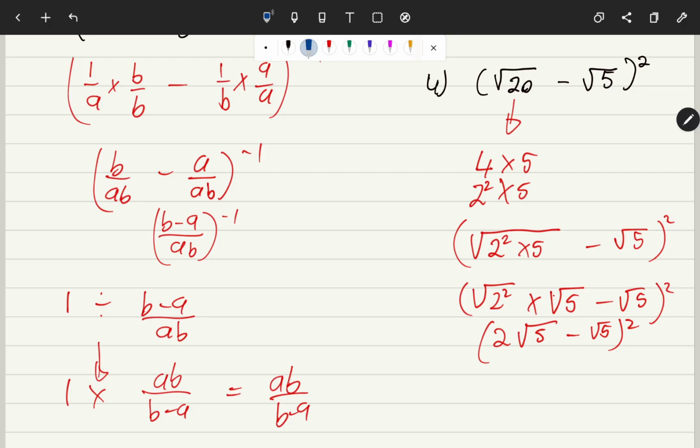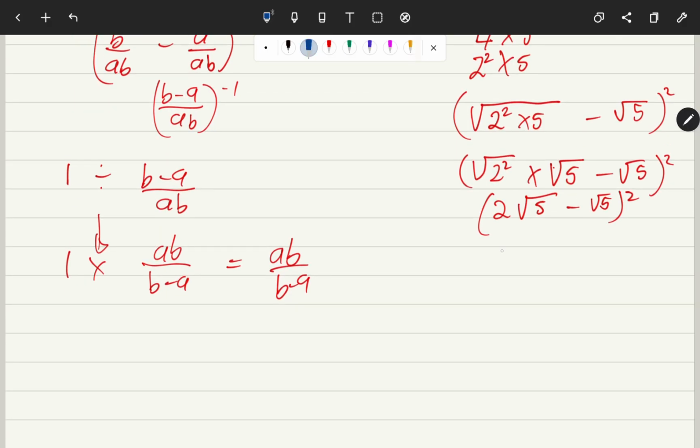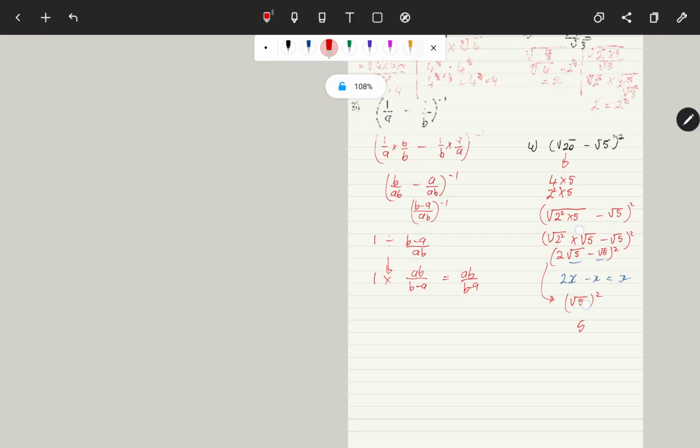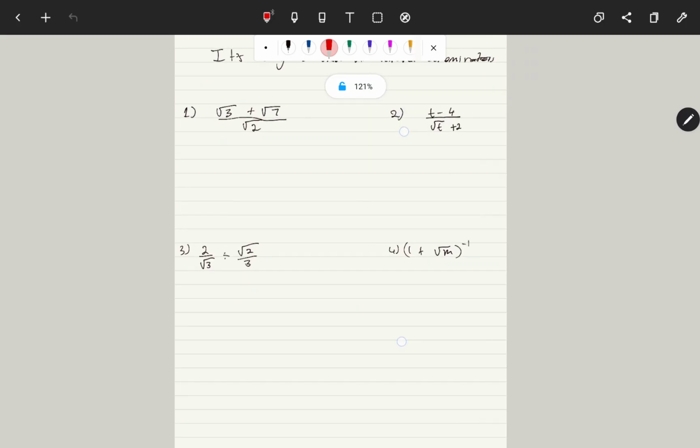So just for simplification, this looks exactly like 2x minus x, right? Don't be confused by these guys over here. This is just the same thing, which of course your answer is going to be x. So from here the answer is going to be root 5 to the power of 2, which is 5. Very, very simple, right? Cool.